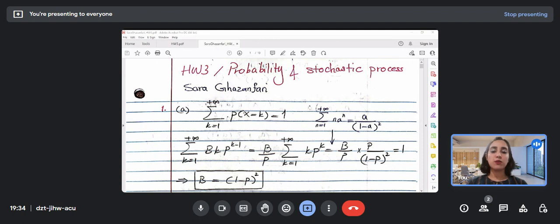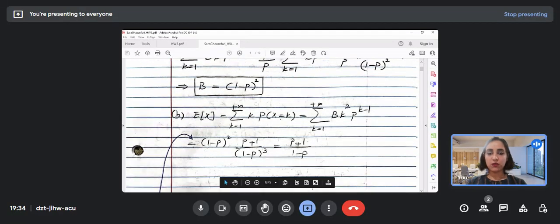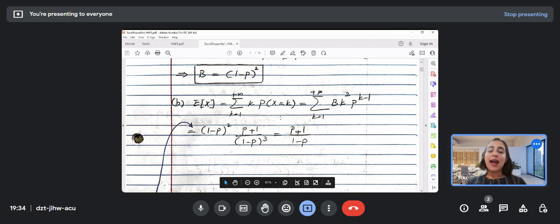In the next part, which is part b, we want to calculate the expected value for x. And here is my answer for this question. As you know, the expected value for a variable is calculated like this.